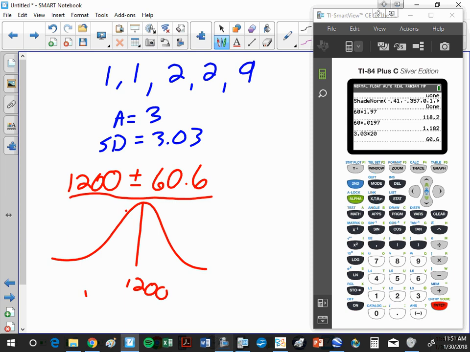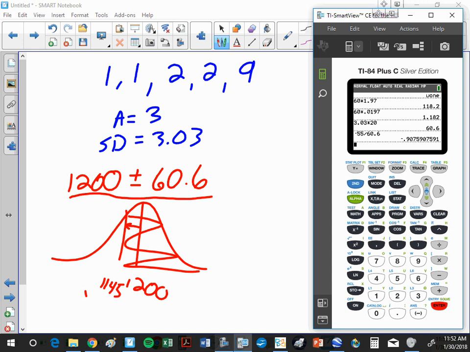Okay, and I want to go from 1145. Do I need edges? No, not with 400 draws. And we want this area here. How far away am I from 1200? Negative, no, negative 55. So negative 55 divided by 60.6 is negative 0.907. So now I can shade norm.